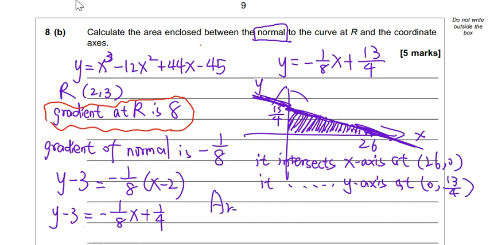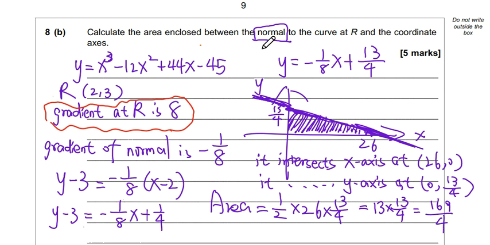So the area should be 1 over 2 times this side, the base, and the height. We want to simplify this. I guess we can cancel out this 2, and we have 13 times 13 divided by 4, which is 169 divided by 4, right? Yeah, problem solved.